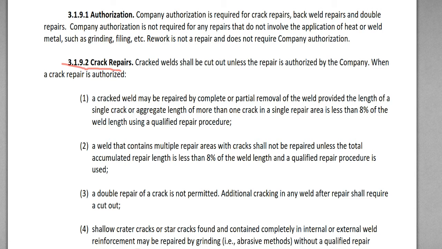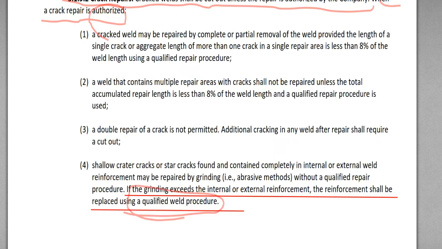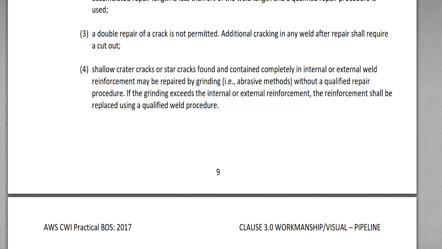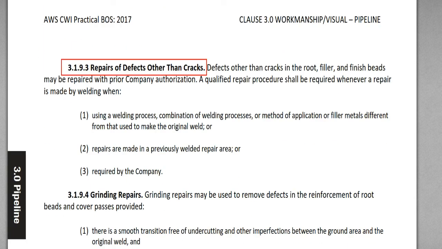3.1.9.2 Crack repairs. Cracked welds should be cut out unless the repair is authorized by the company. When crack repair is authorized, these 4 conditions are applied. 3.1.9.3 Repairs of defects other than cracks.